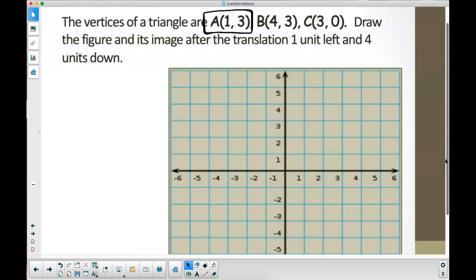Okay, if I want to plot this point 1, 3, the point 1, 3 means to go right 1 and up 3 from the origin, from the middle. So I'm going to start at the middle and go right 1 and up 3 and put a dot there and label it A.